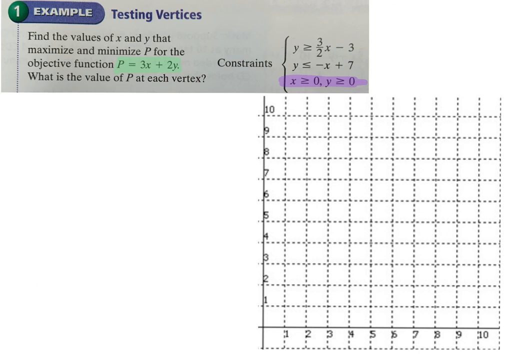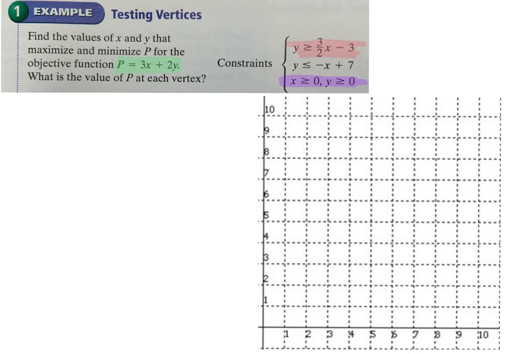Most word problems will have this, because if you have a constraint of like this amount of flour and this amount of eggs, you're not going to have a negative amount of flour and a negative amount of eggs, right? So many of your word problems will also be constrained by the first quadrant. So that's easy. I actually don't need to graph that one. I can just worry about staying in the first quadrant. The other two are constraints, so I'm going to graph them. And so I am going to graph this first one here.